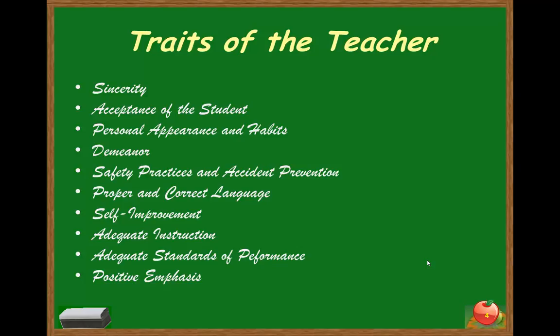And adequate standards of performance, that gets into the evaluation realm. Whenever we test our students to see if they're learning, what are the standards that they have to meet for an A, for a B, C, D, and what do they have to do to fail? So they need to know that. And then finally, positive emphasis.